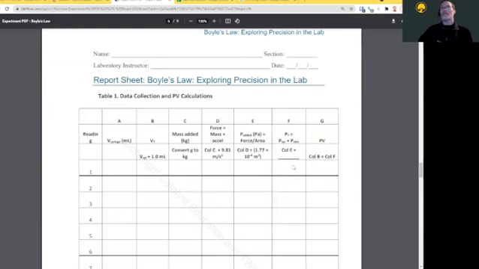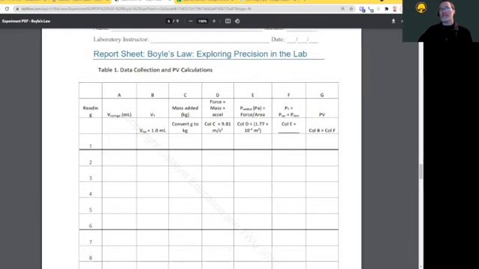And this is where I want to go to the separation here, and they have these bold lines for this reason. In the added mass situation, this formula is correct. You're going to take the pressure in the syringe, which is this number that you've calculated here in column E, and you're going to add that to the atmospheric pressure.